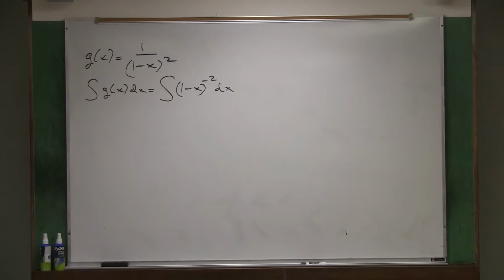Can you anti-differentiate that? No. Is it negative 1 minus x to the negative first? Close. What about the chain rule compensation? Oh, there's an extra minus or plus. Yes.